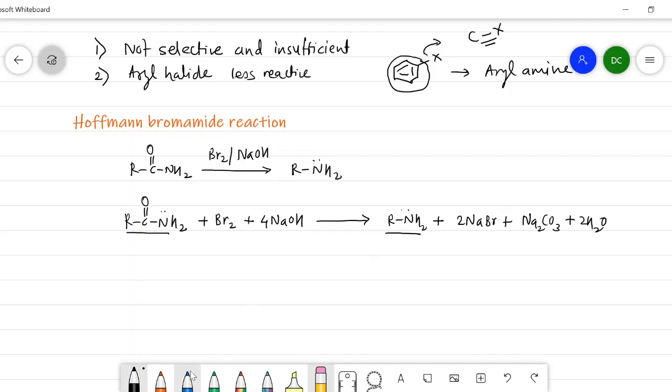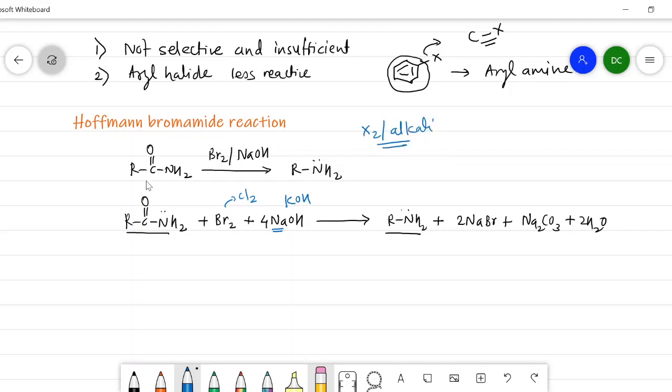Now, in some cases, in place of Br2, we will use Cl2, and in place of NaOH, we can use KOH. So generally, here we will take X2 and alkali.